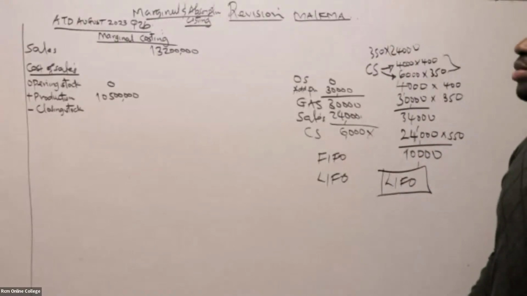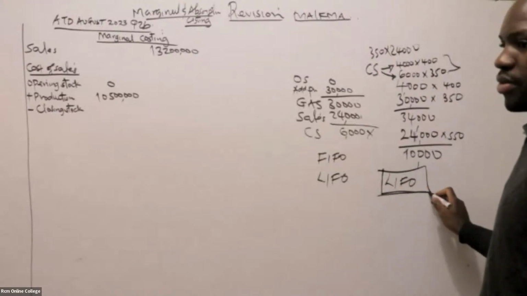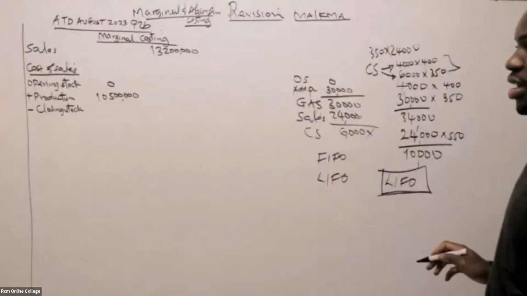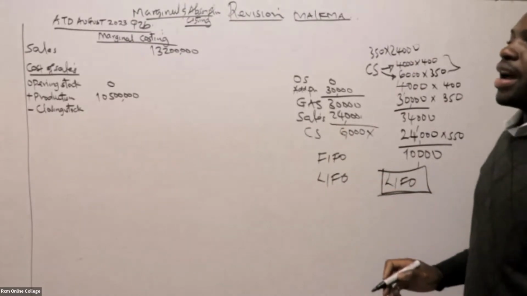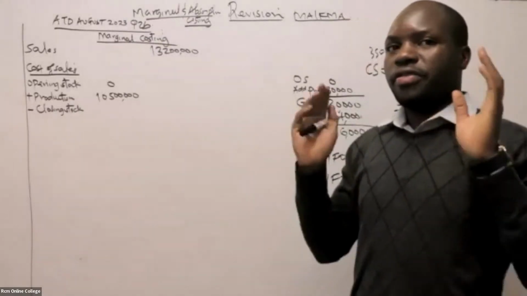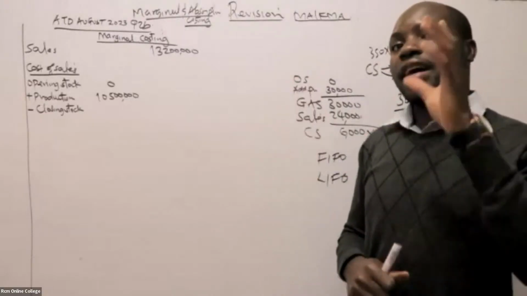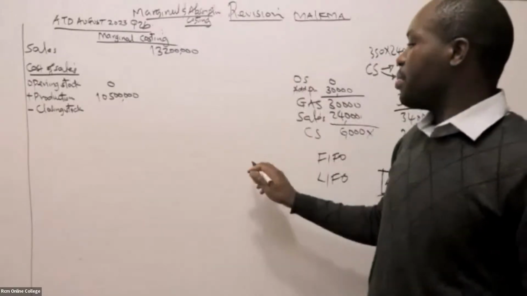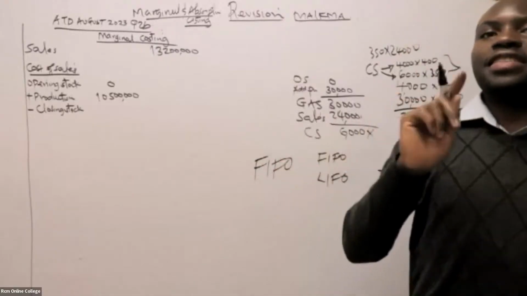Whoever is setting the management accounting paper has not decided to subject you to this. So what are they doing? Currently, all the questions in the past papers for management accounting and fundamentals of management accounting are set under the assumption that the company is using what we call the FIFO method, first in, first out.